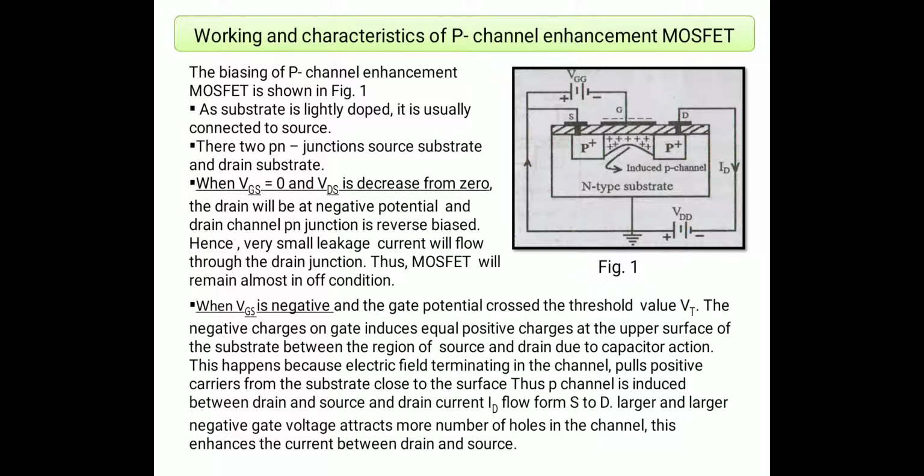Consider VGS equal to 0, that is no gate voltage is applied. Generally voltage from gate to source is represented by VGS and voltage from drain to source is represented by VDS.